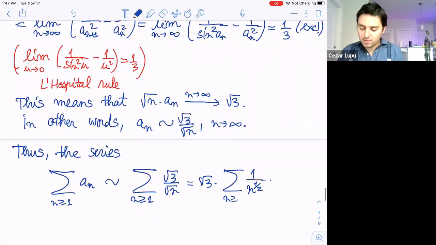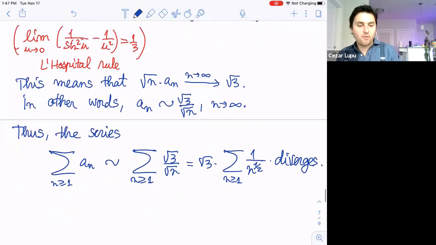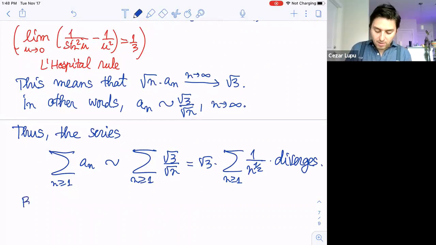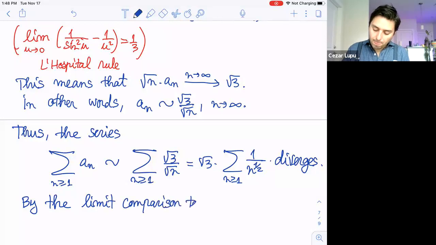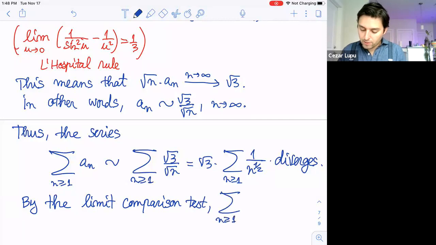What can you tell me about this series? It is the generalized harmonic series with exponent 1/2, which is less than 1. So this guy will diverge. So this diverges, right? So therefore, by the limit comparison test, this series will also diverge.